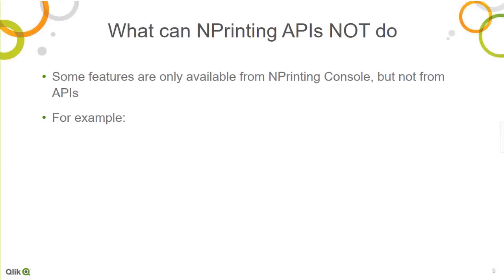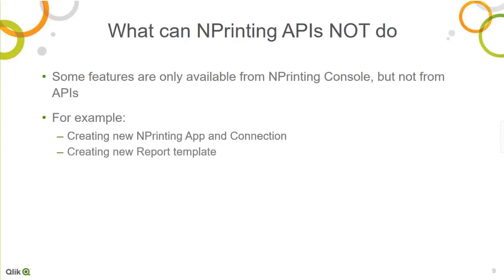However, there are some things available from the NPrinting web console that you cannot do with the NPrinting APIs yet. For example, you cannot create a new NPrinting app or connection, or create new report templates through the APIs.